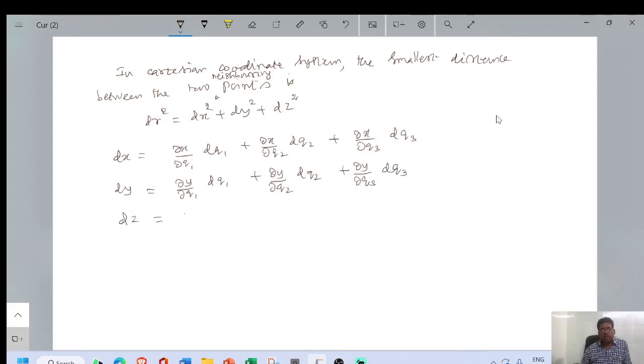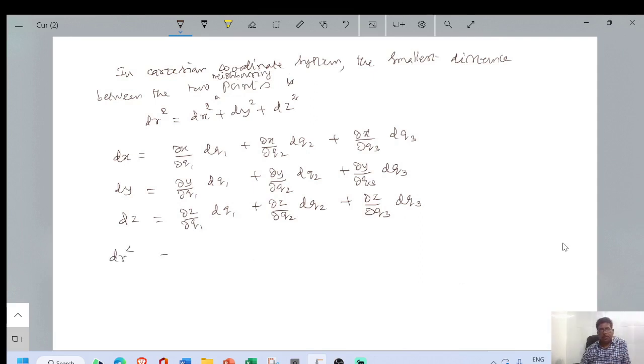Then dz equal to ∂z/∂q1 dq1 plus ∂z/∂q2 dq2 plus ∂z/∂q3 dq3. These are the values of dx, dy, dz. Now we should find out the value of dr square.